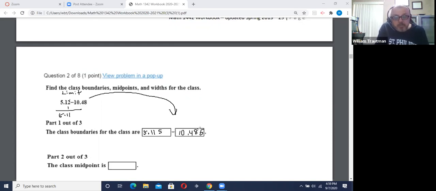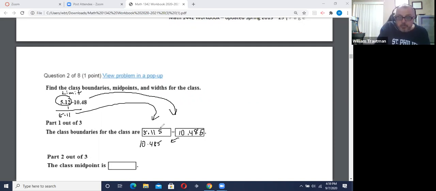5.115, 10.485. If you're dealing with decimals, you still do the same number, but put a 5 on it. Same number here for the lower, just subtract 1 from the last digit on the right, and then tack on a 5. The class midpoint, once again, so this would be 10.485, the next class boundary, the lower class boundary.